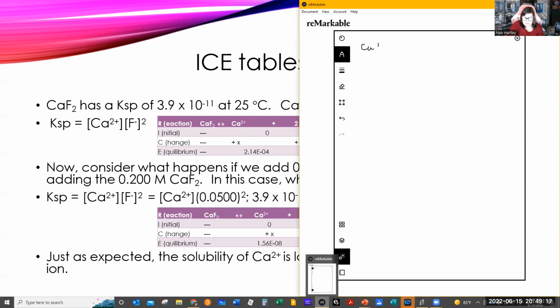So it says that it's CaF2, and that I have a KSP equal to 3.9 times 10 to the negative 11th at 25 degrees. Okay, I want to know the solubility of Ca2 plus.